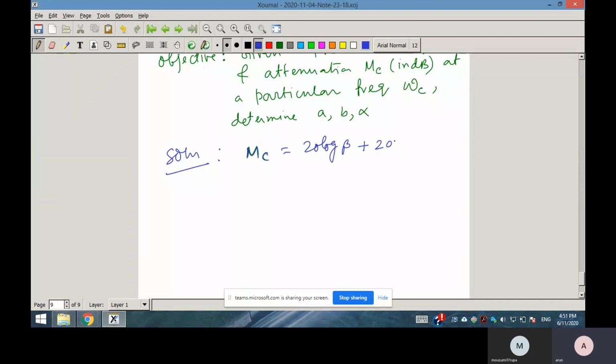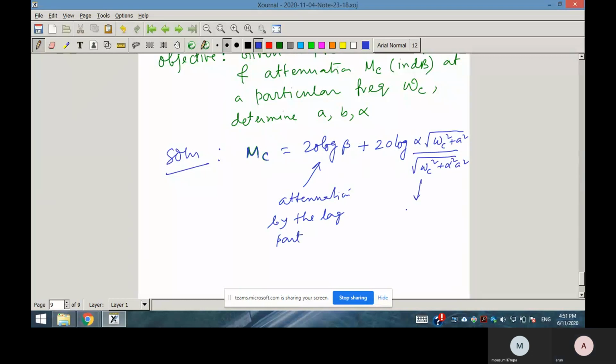So this is 20 log of alpha into root under omega c square plus s square divided by root under omega c square plus alpha square s square. This is the attenuation by the lag part, and this is the gain by the lead part.